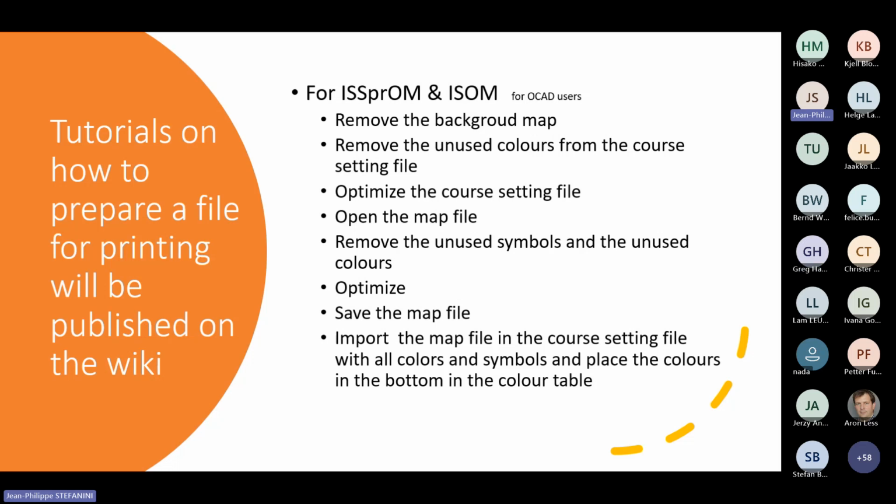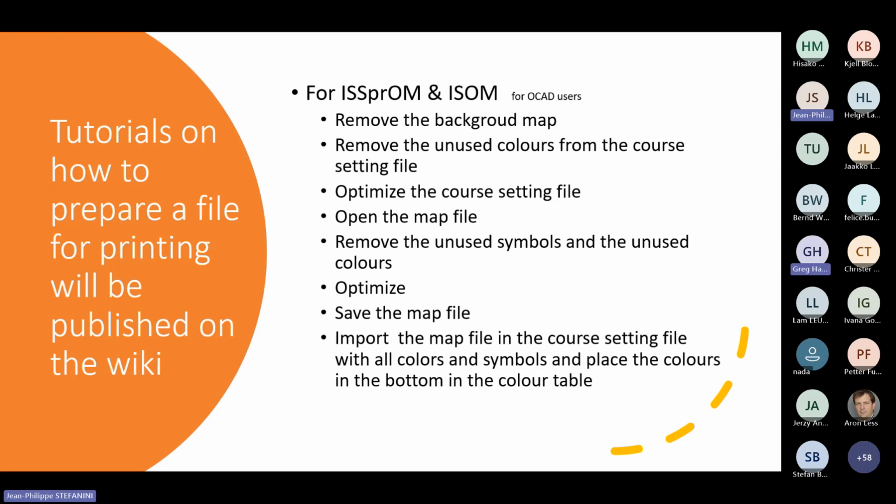Last point is the tutorial on how to prepare a file for printing. We think it's very important for sprint maps, because many sprint maps are printed on laser by a local printer.